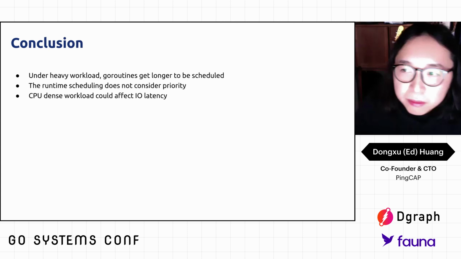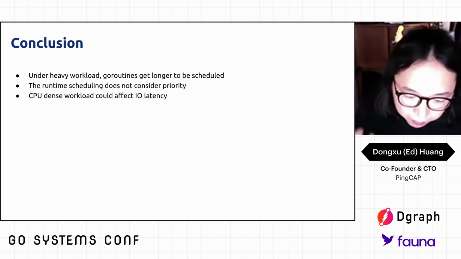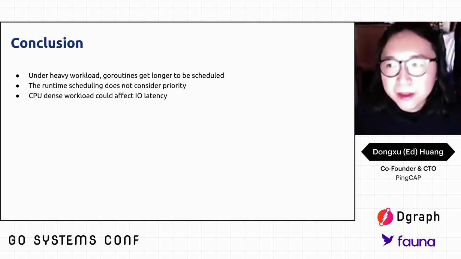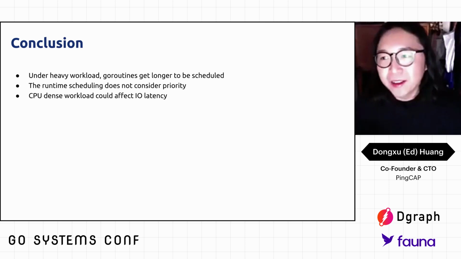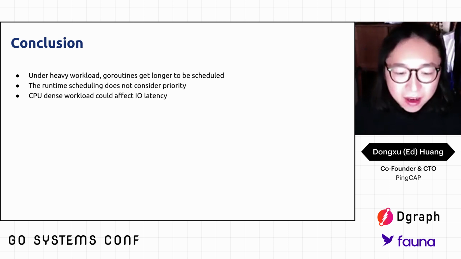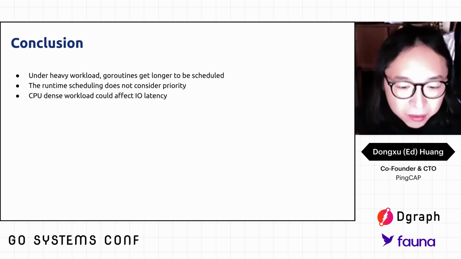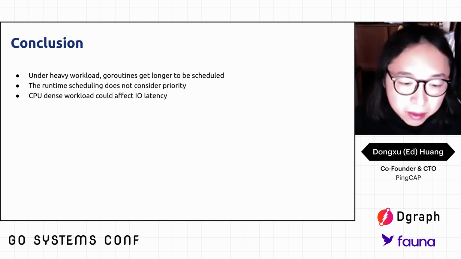But this pattern is so common, right? But we don't have a very good solution for this kind of situation. When the CPU load is really high, the performance of this pattern will not be very good.